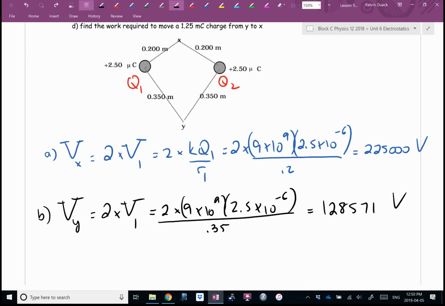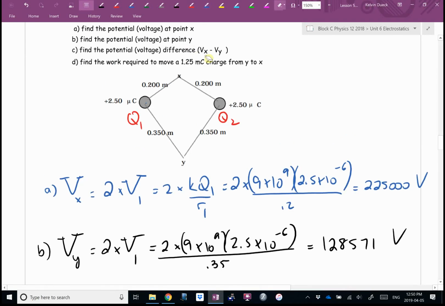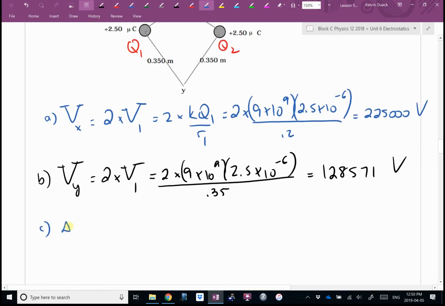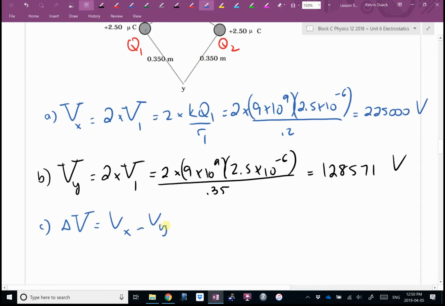Okay. Chloe, what does C want me to find? The potential difference. Starting where and going to where? Oh, they told me we're going to go X minus Y. The potential difference, or the change in voltage, is going to be Vx minus Vy.